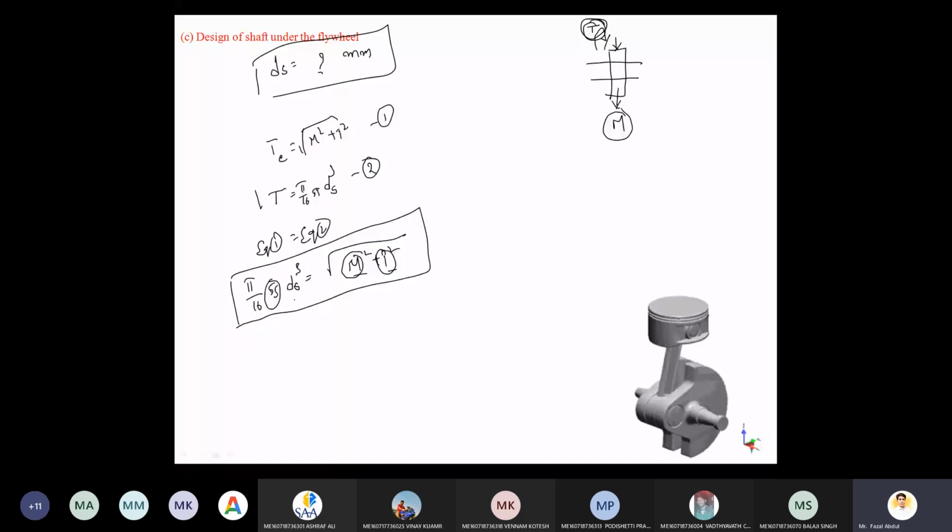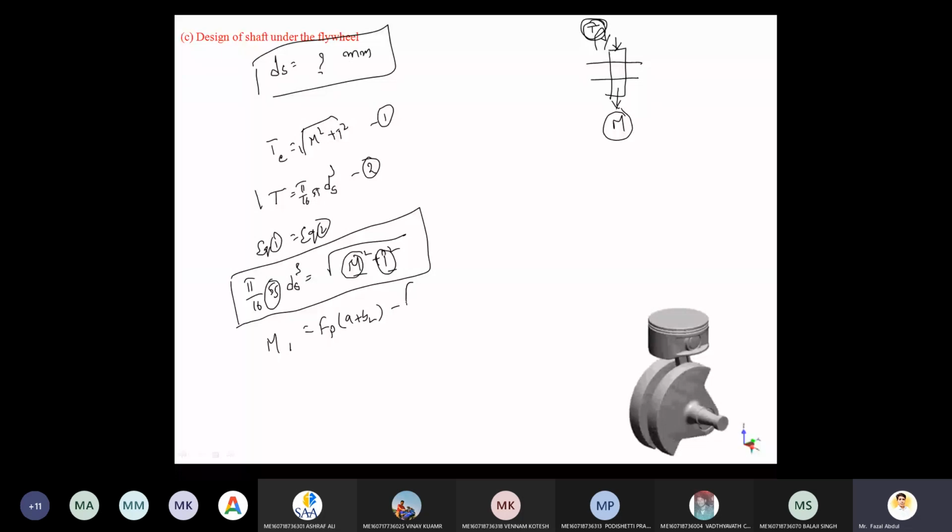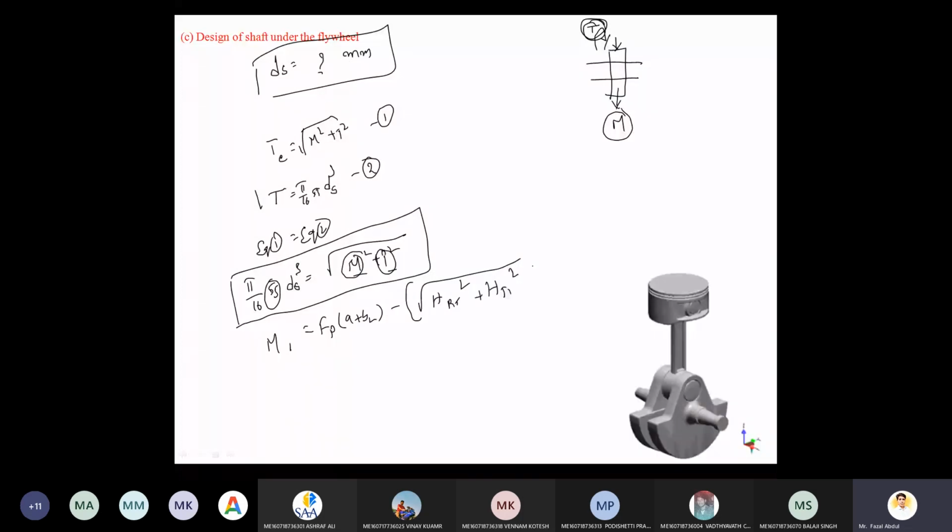The resultant bending moment due to the radial bending moment acting on the shaft is obtained as follows. Horizontal bending moment 1 is Fp into (a plus b2) minus square root of HR1 square plus T1 square into b.